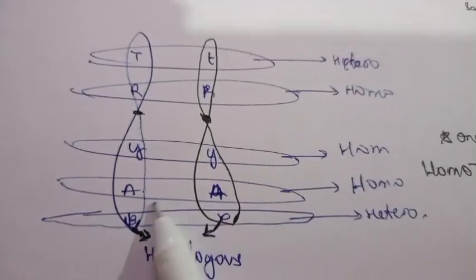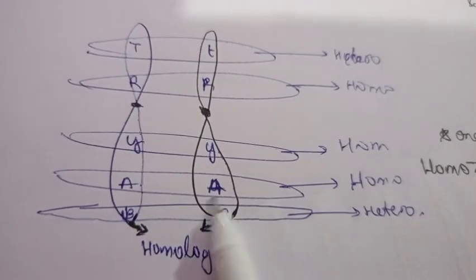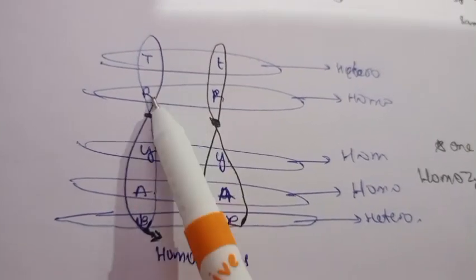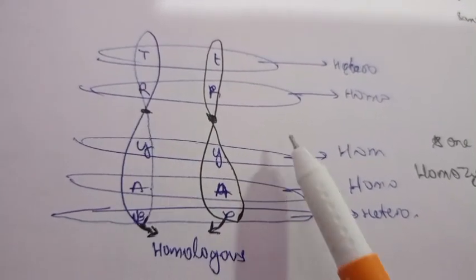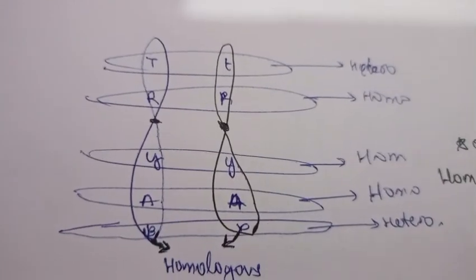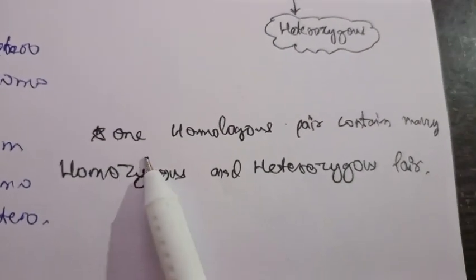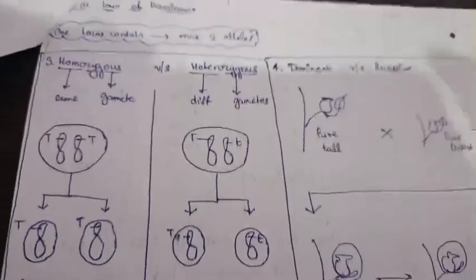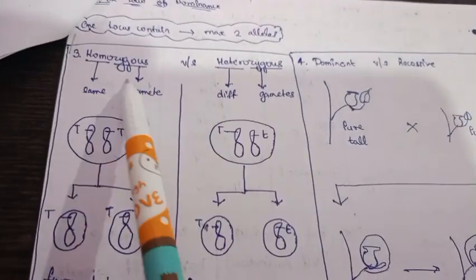Capital R, homo. Small y, homo. Capital A, homo. Capital B, small b, hetero. Both chromosomes are homologous, paternal and maternal. One homologous pair contains many homozygous and heterozygous pairs. One locus contains a maximum of 2 alleles.